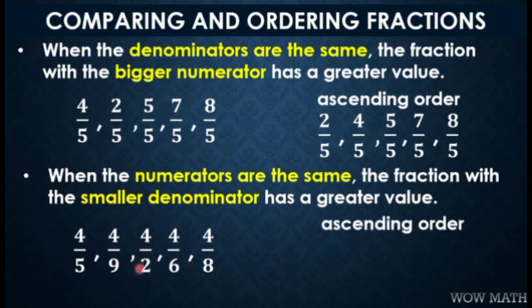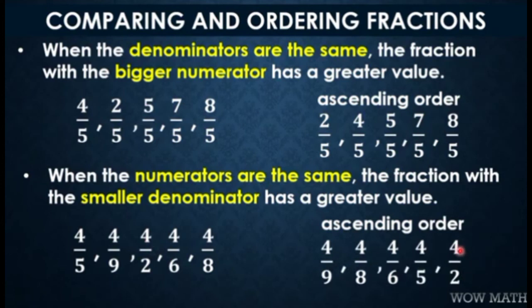So we will have, if we're gonna arrange this in ascending order, ibig sabihin from least, simula sa mababa pataas, ito ngayon ang pinakamataas mo. Kasi the smaller the denominator, the greater the value, kapag ang numerators natin ang pare-pareho. So ito ngayon ang pinakamataas natin, yung 4 over 2, susundan ni 4 over 5, 4 over 6, 4 over 8, and the least is 4 over 9.